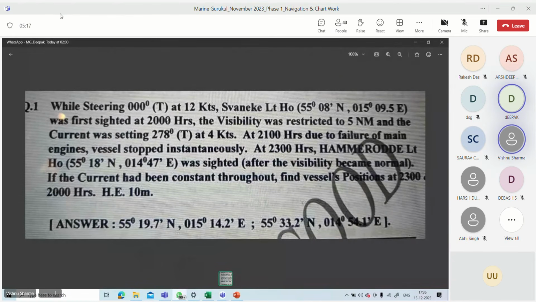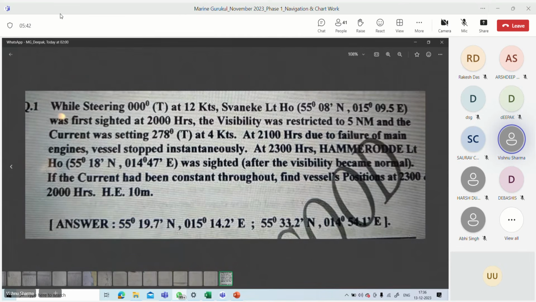While steering 000 degrees at 12 knots, this lighthouse was first sighted at 2000 hours. So it gives you a 2000 hours fix. The visibility was restricted to 25 nautical miles, and current is given. At 2100 hours, due to failure of main engine, the vessel stopped instantaneously. So that means exactly at 2100 hours it stopped instantaneously.